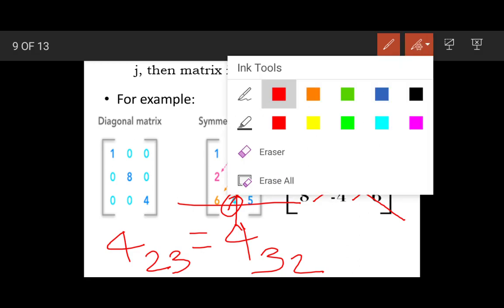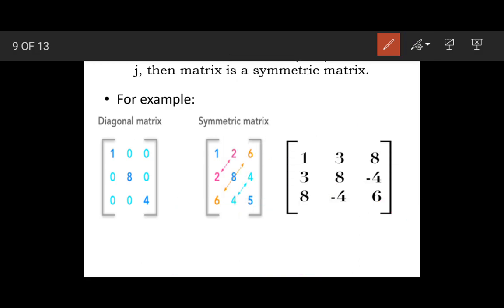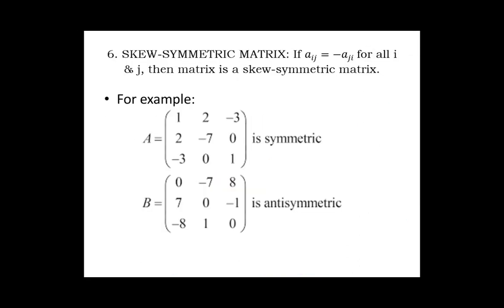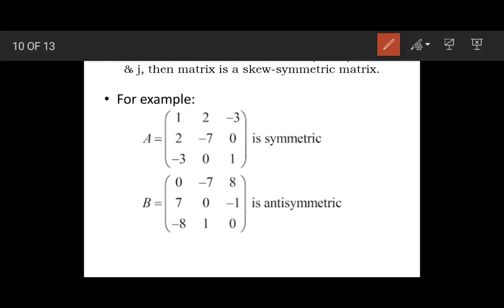Now the next type is skew symmetric matrix. A matrix is skew symmetric if aij is equal to minus aji.